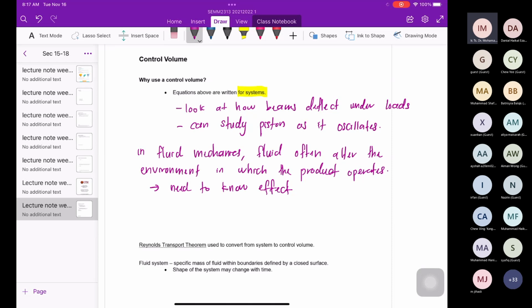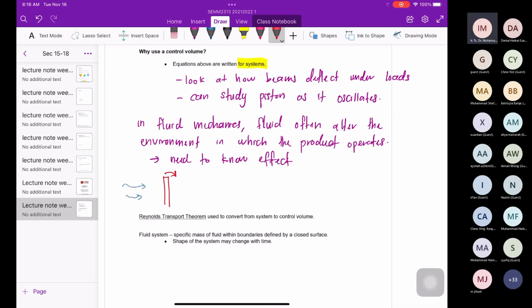So in this case, the fluid will alter, for example, the load coming from this is the beam. Okay, and then this is the beam. And then we have the wind. So it will bend. Because of this bending, we need to investigate the effects, okay, due to the fluid flow.